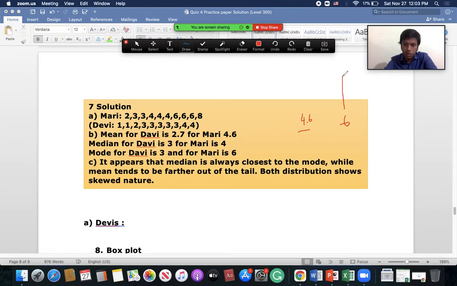The mode is bigger. I am just looking at the relative position. So the mean is here and the mode is here, which means the data is like this, because of that position. Or simply, you can say if the mean is on the left side, then it is left skewed. That's a very easy way to understand it.